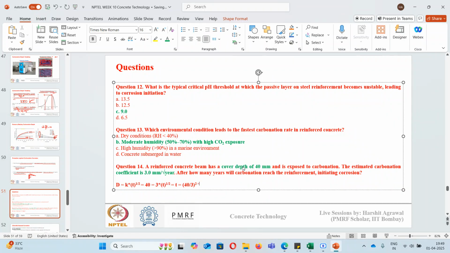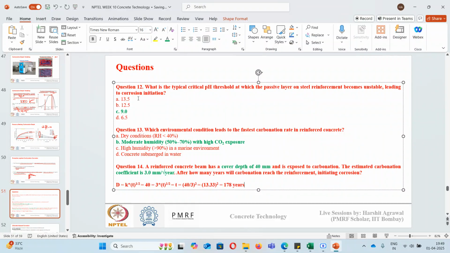If you solve this, it will come out to be 13.33 square, and this value will come out to be around 178 years.